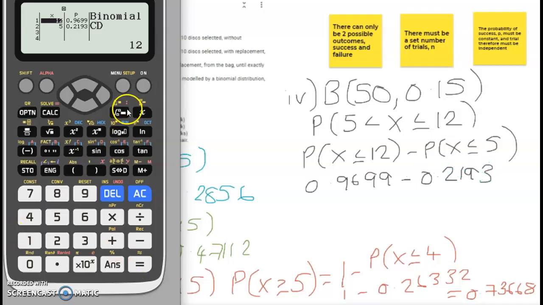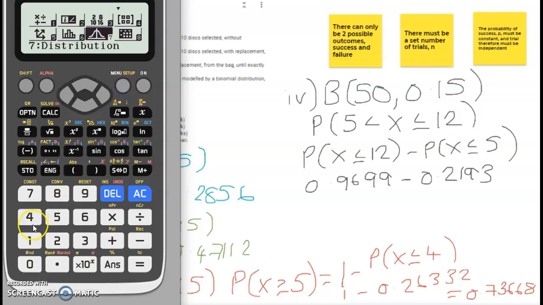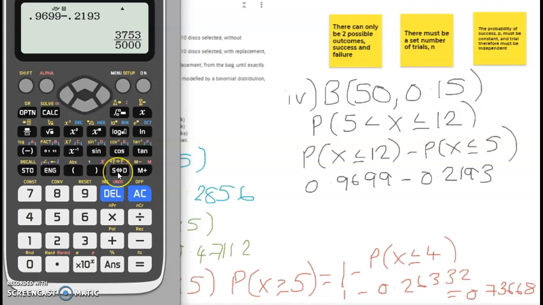And just to make sure I'm getting the right answer, I'm going to go back to calculate, number 1. 0.9699 take away 0.2193. And that is 0.750.